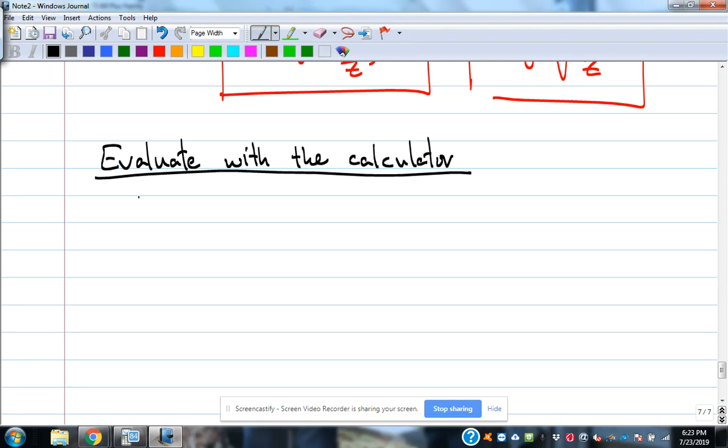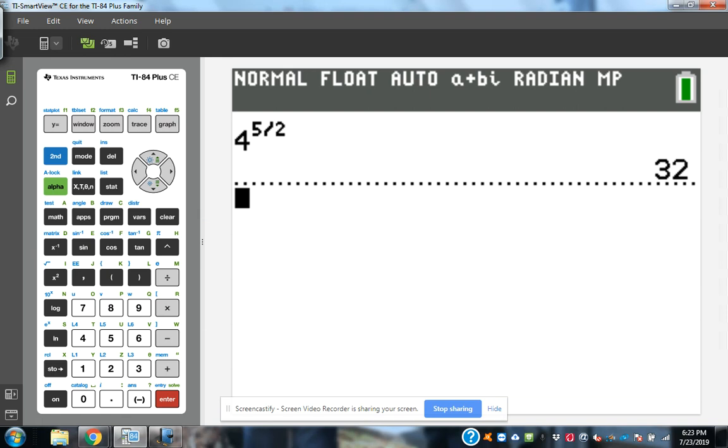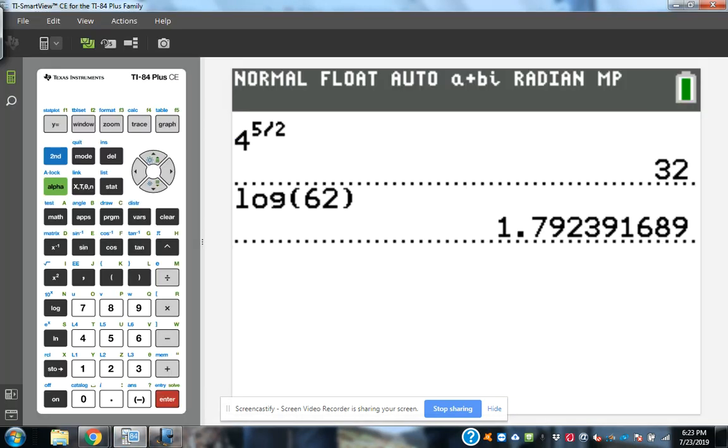All right, so it's easy when it's an example where we've just got a common log, like example a, log of 62. Your calculator has a button for that common log. There on the left, right beside the number 7, you just hit log, and then we type in the number 62. We round that.